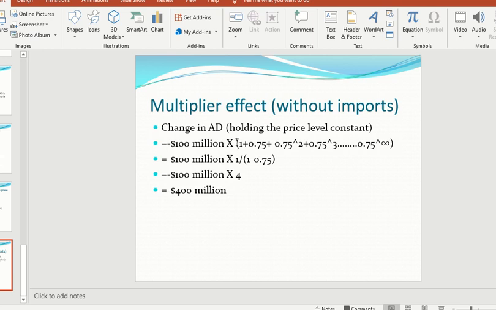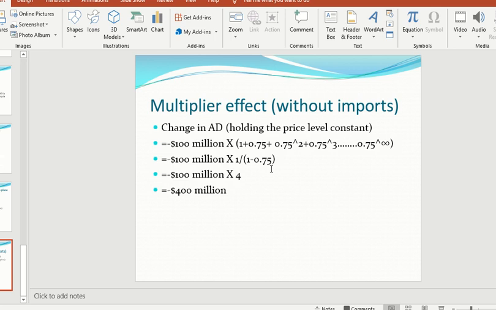However, this is what we call an infinite geometric series. What is in the parentheses is the infinite geometric series. And thanks to mathematics, the whole thing in the parentheses is approximately equal to 1 over 1 minus 0.75.